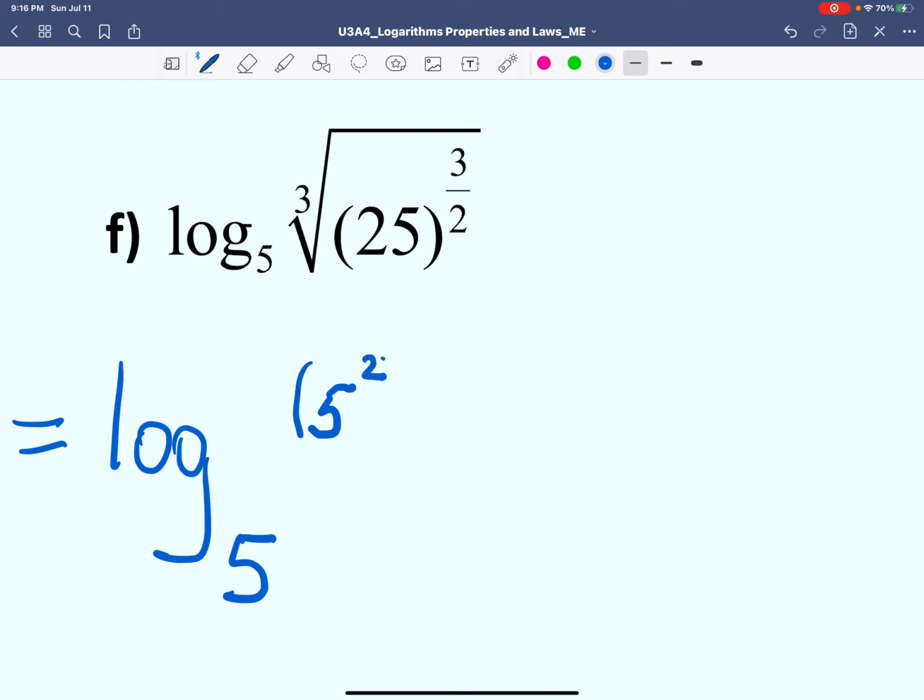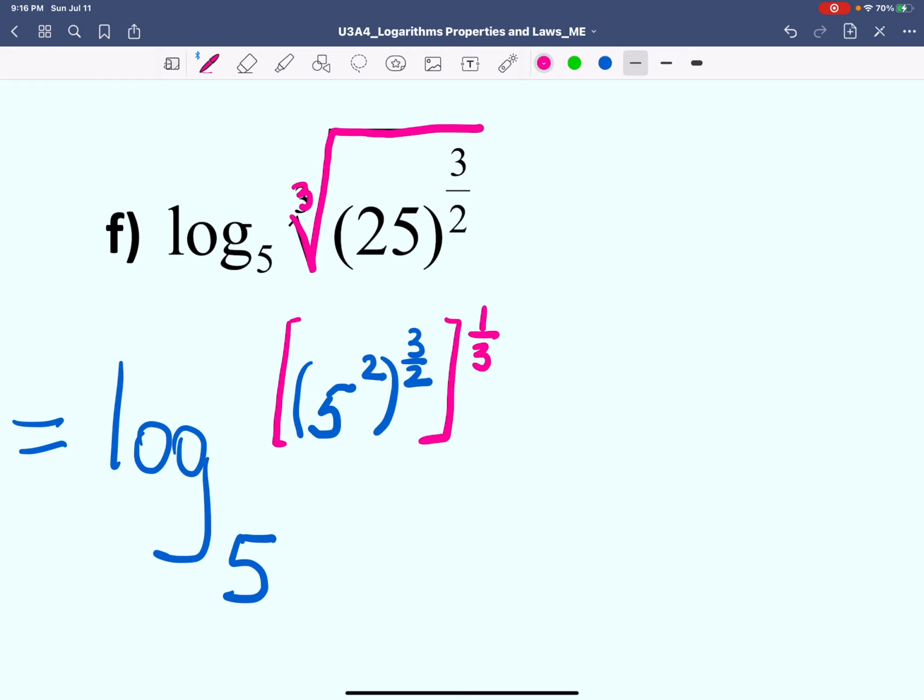And then 5 squared is brought to the power of 3 over 2. That's the power you see inside the radical. And then we have the third root of 3. Now the third root of 3 is nothing but a rational exponent, 1 over 3.